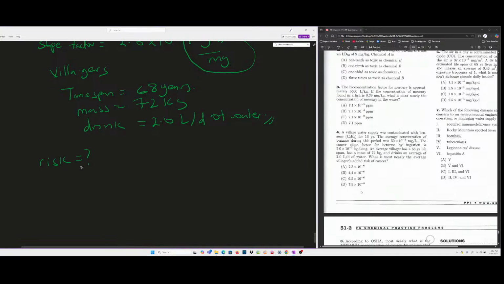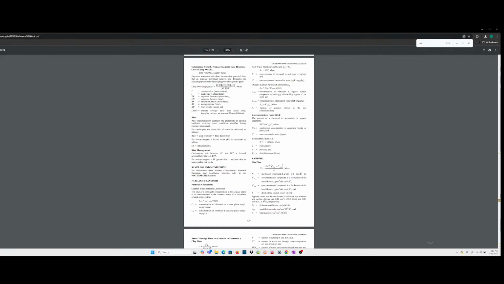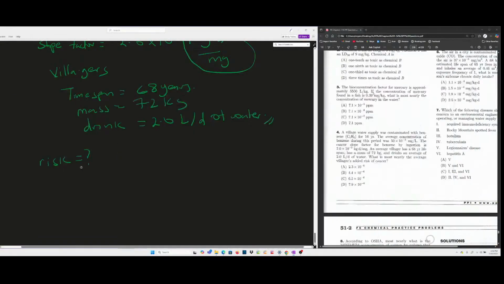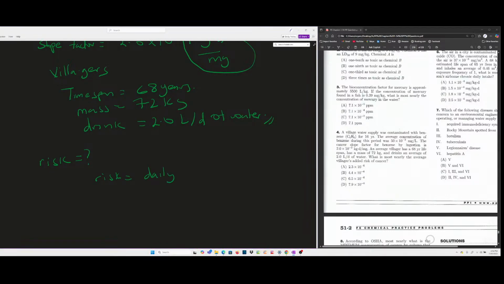So in toxicology, the risk is equal to the daily dosage multiplied by the toxicity, which is also known as CSF. So the risk is the daily dose multiplied by CSF, also known as toxicity.